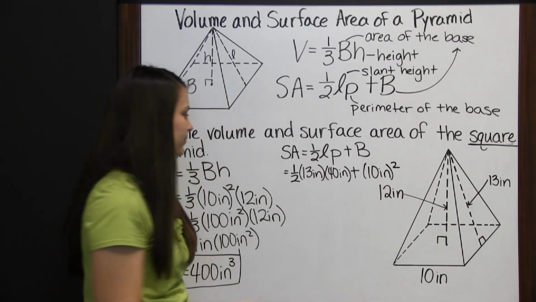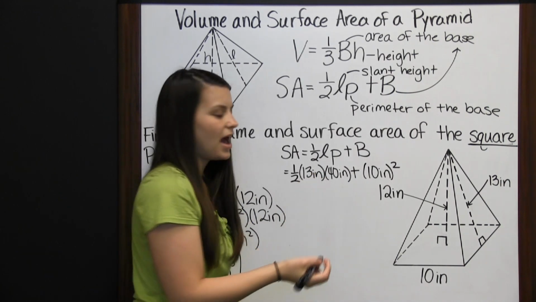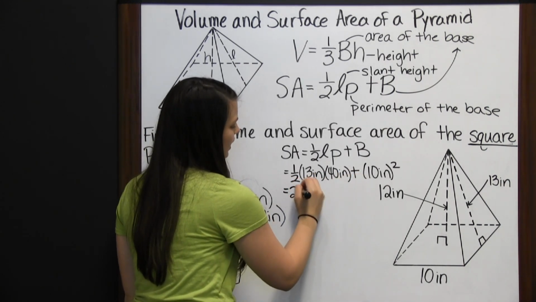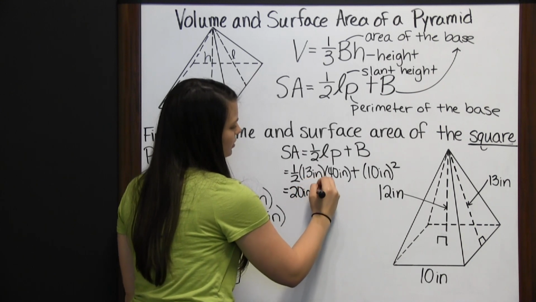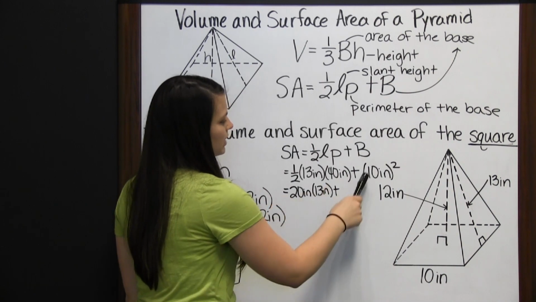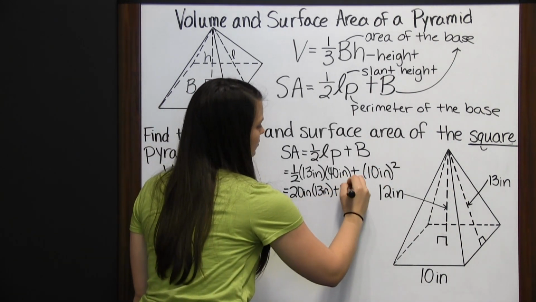And then we simplify. I'm going to take half of 40 inches, since that's easier than taking half of 13 inches. Half of 40 inches is 20 inches times 13 inches plus 10 inches squared is 100 inches squared.